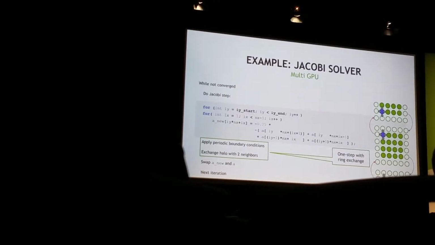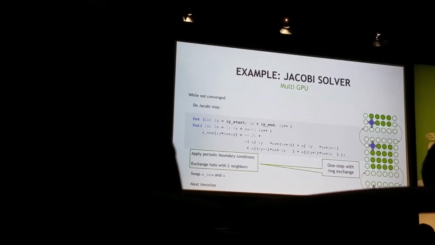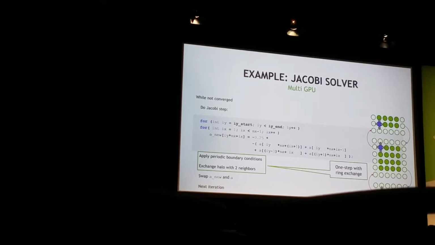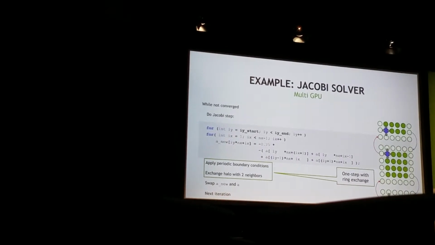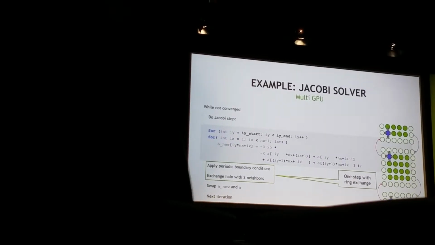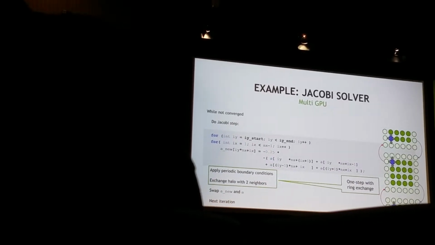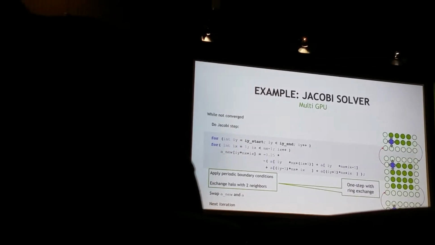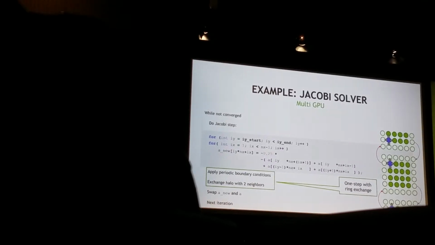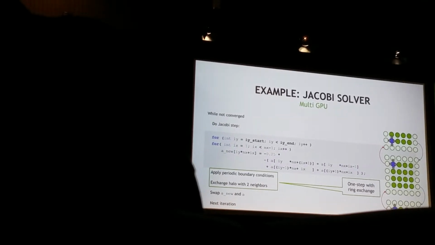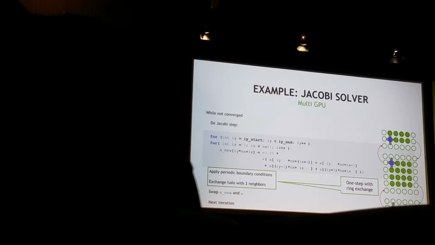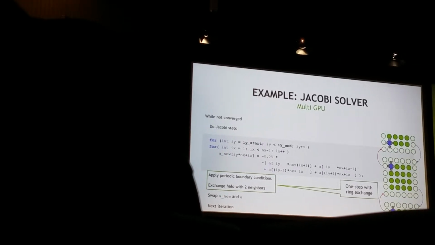The nice thing now is that applying the periodic boundary condition in the single-GPU case is essentially the same as this halo update, if we treat the last GPU as the top neighbor of the first GPU and the first GPU as the bottom neighbor of the last GPU.